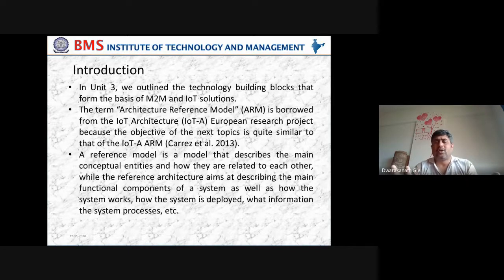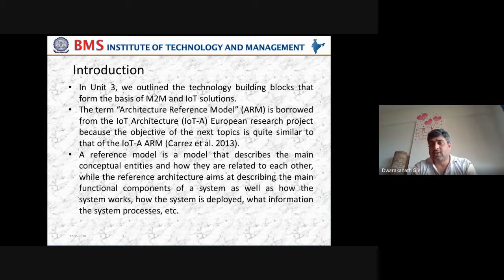This reference model will have conceptual entities, meaning the entities relevant to that particular project, and how these entities are interrelated: how the sensor is related to a device, how the device is related to a gateway, how the gateway is related to the internet network and a cloud, and how the data will be processed in different stages. How they are related to each other, we are going to study.